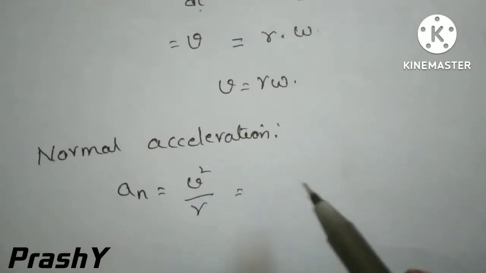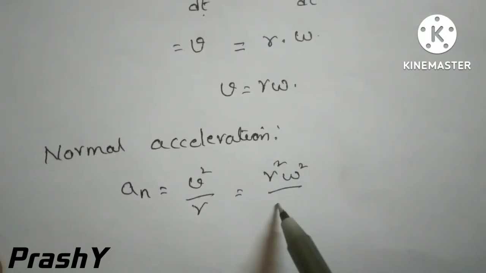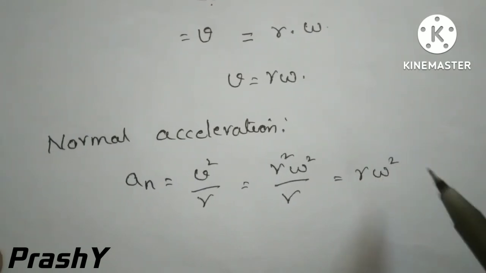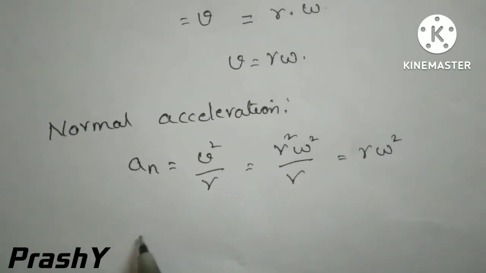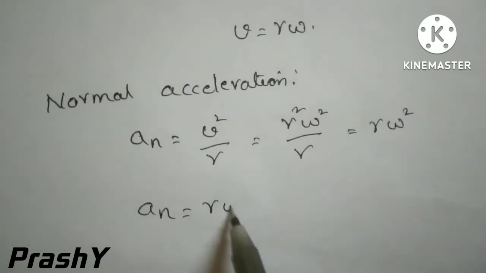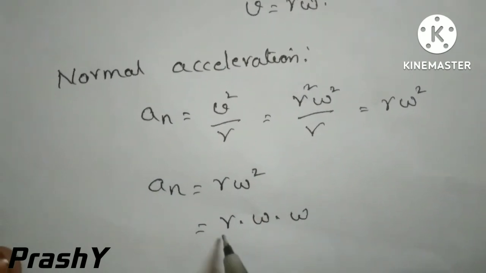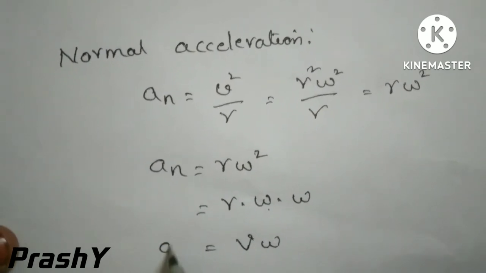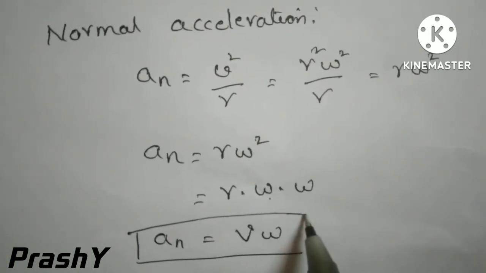So I am substituting the value of v here: r square omega square by r. So r gets cancelled, and we get r omega square. This can be further written as an is equal to r omega into omega. So we know that r omega is equal to v, so an is equal to v omega. This is the normal acceleration.